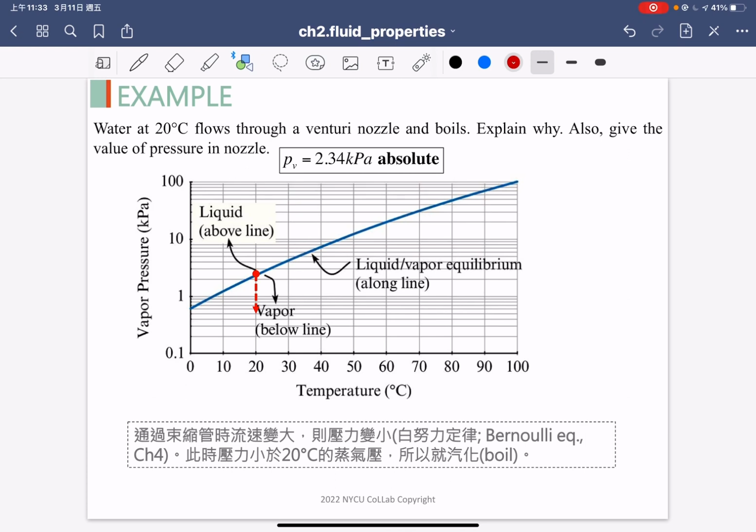As you see right now, in the example I change the condition: water at 20 degrees flows through the nozzle and then it boils. We fix the environment, like a round pipe, and the flow goes along the pipe, and at some specific condition, the water flow starts to boil.